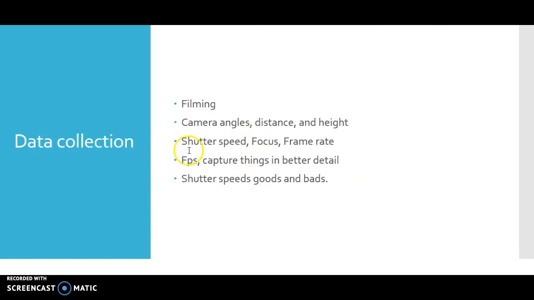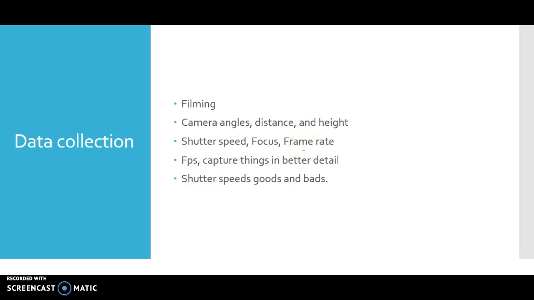Then moving on to shutter speed, focus, and frame rate. These mainly give you a better image in detail, so you can look at the angles of the legs and movement in more detail. And obviously focus, getting the right camera lens fit for the job, so you know the angles of the person.